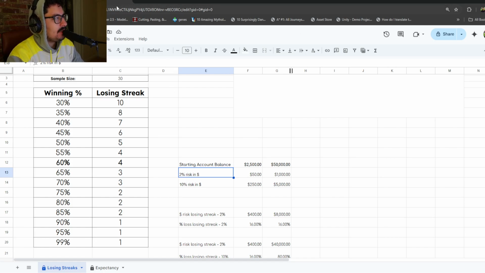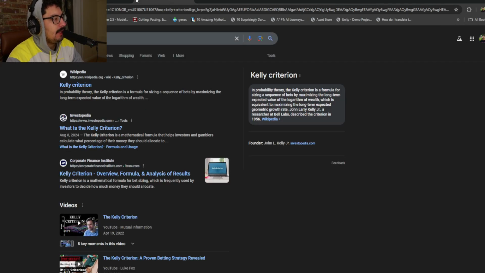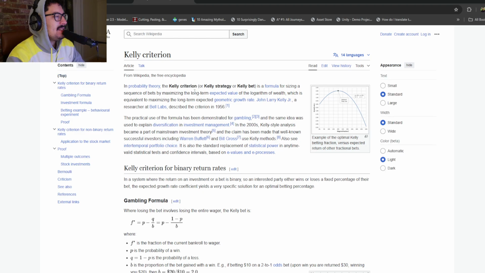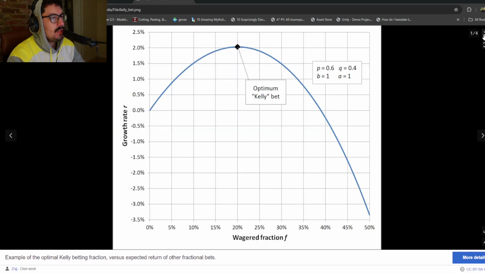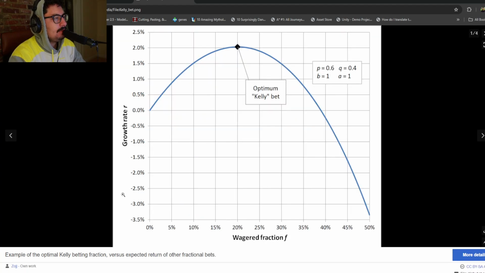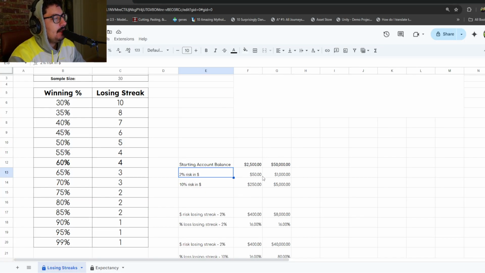There's another thing called the Kelly criterion. This is basically how much you should be sizing when you're betting, and people argue about whether trading is gambling, is it betting, kind of, but the point is that this is like a sequential system with winning and losing rates, and that's why you should look at that. But that's where this comes from. 2% is considered aggressive. That would be $50.